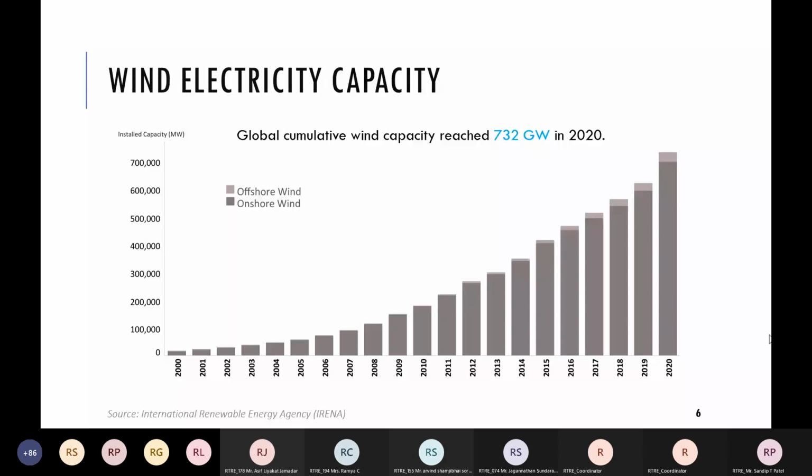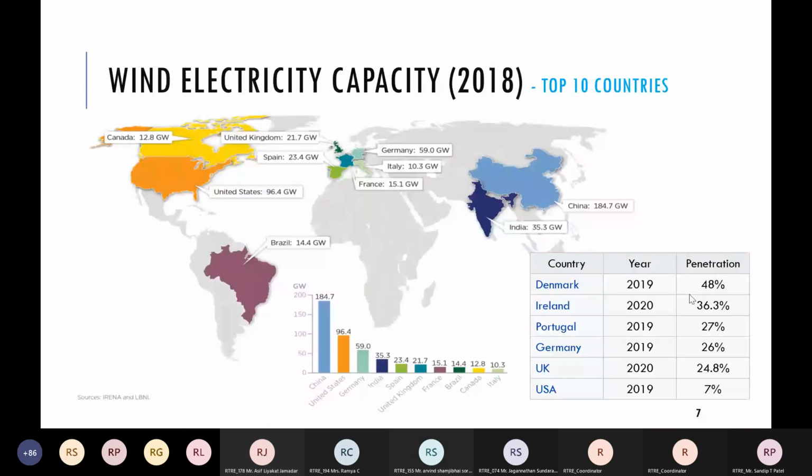This is country-wise data, so where we stand, as in India. Only for wind energy, globally we rank 4th. China is producing maximum wind energy. The US is 2nd, 3rd is Germany, and India is 4th.